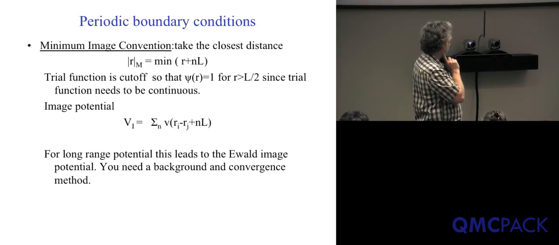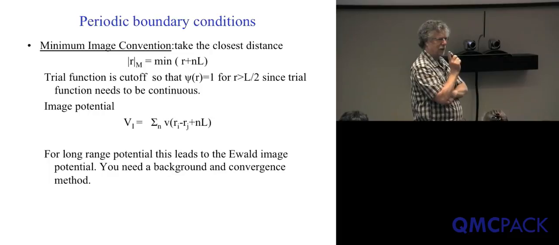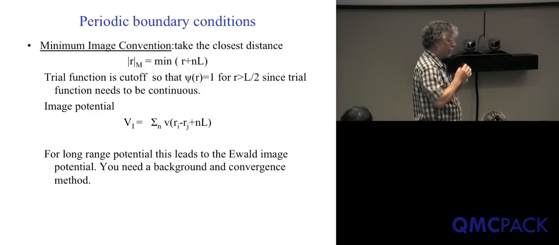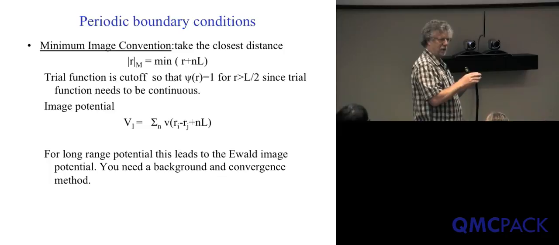Does everybody know about periodic boundary conditions? This is something that we'll explain some of. Okay, if you're doing a condensed matter system like a solid, then you don't want a surface. You don't want to do a little crystallite with a surface.